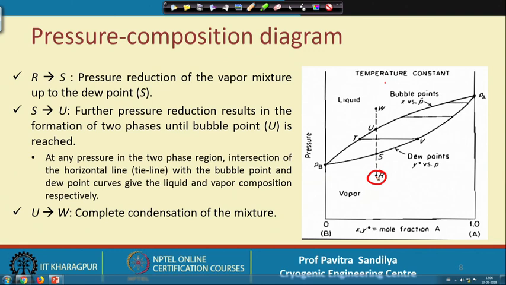So, in this case, we start with a point R. This is a superheated vapor region, and for a given composition, if we start lowering the pressure at a given temperature, temperature is constant, we find that at a certain point S, the first liquid dew will form, and this point is called the dew point pressure.